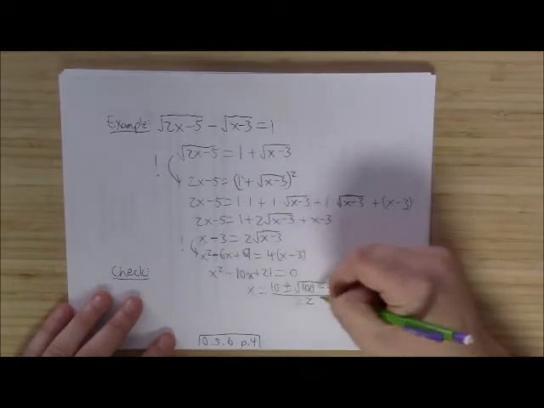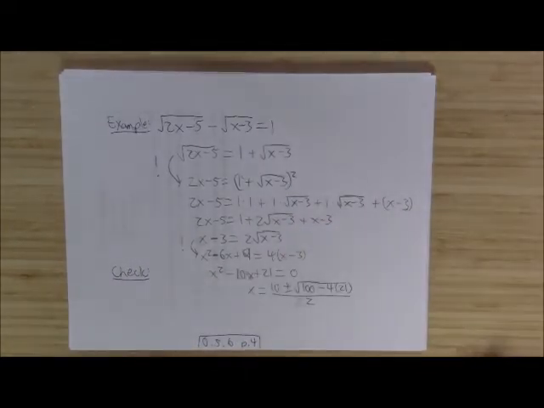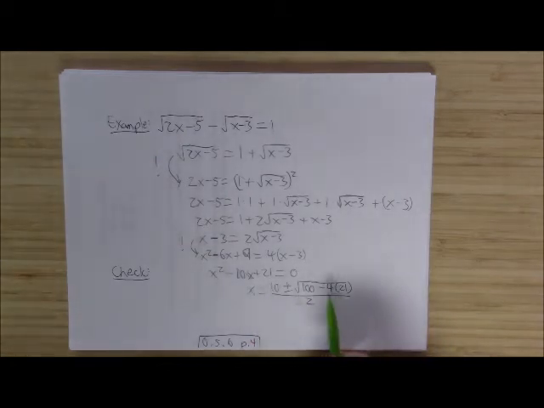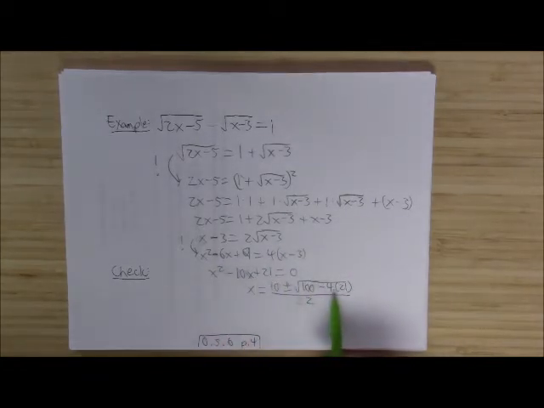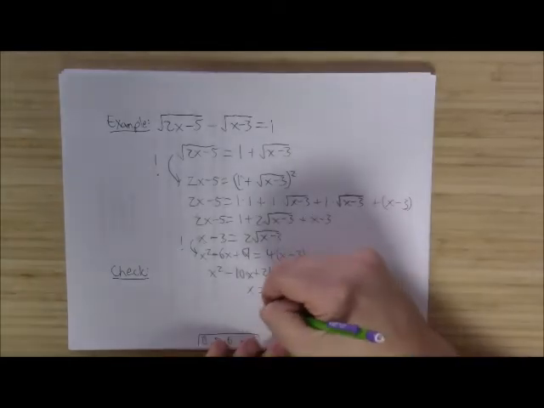All over 2 times 1. However, here we have a bit of a problem. What is the problem? The problem here is what we get under here is 4 times 21, no, there's no problem.